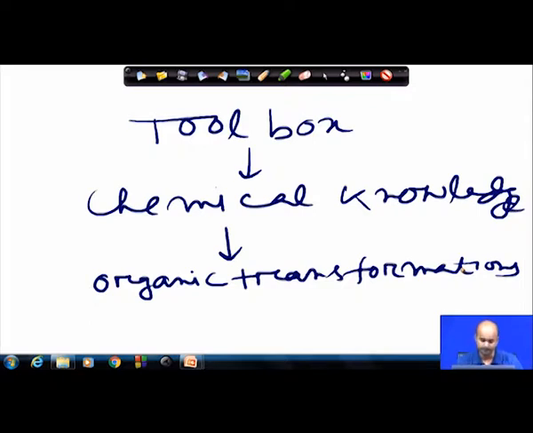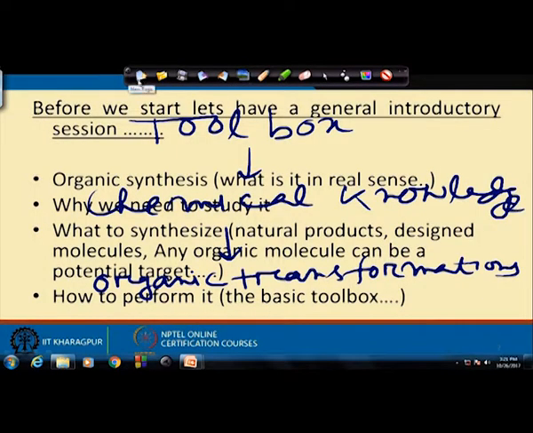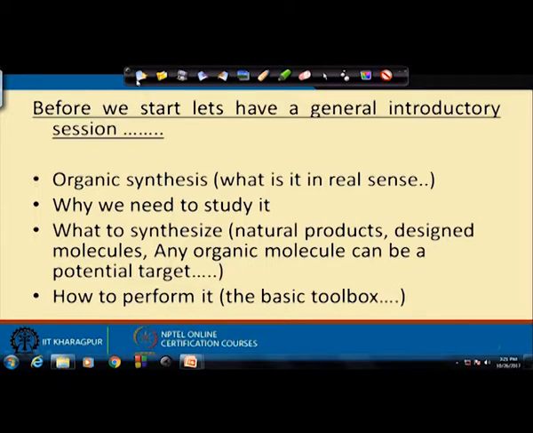That is the only thing. So, throughout this particular discussion, we will try to give you a brief idea about how these things can be done.